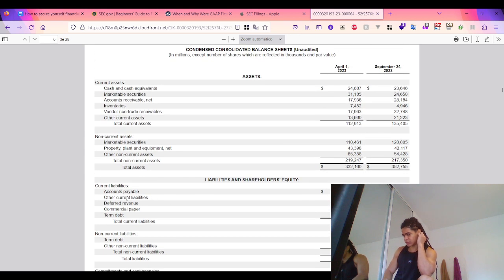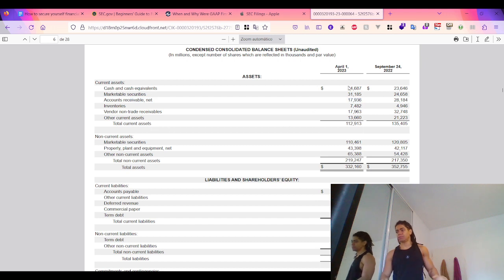Exactly. Accounts payable, other current liabilities, deferred revenue, commercial paper, term debt, cash and cash equivalents, marketable securities, accounts receivable, inventory, vendor non-trade receivables.